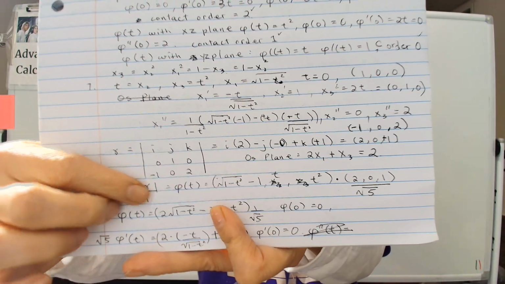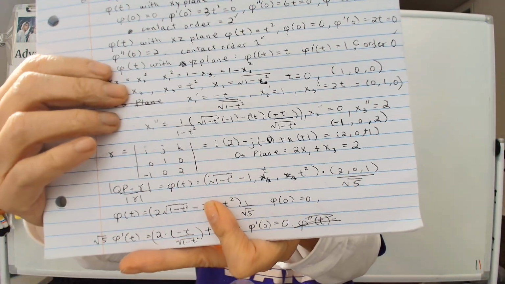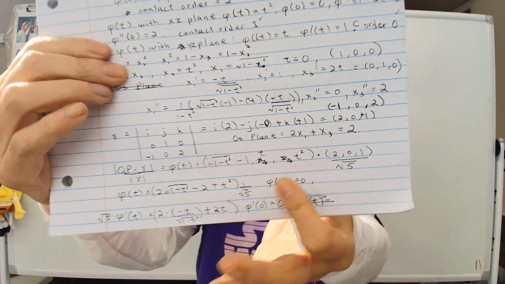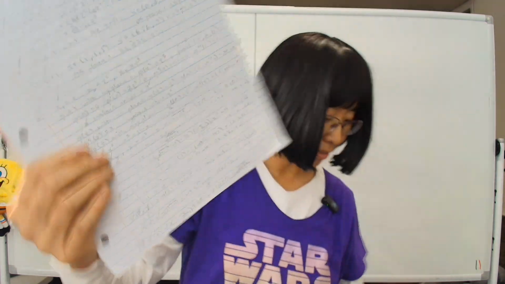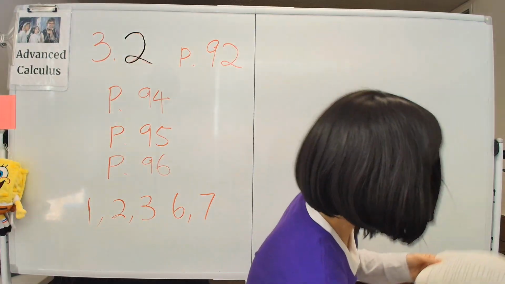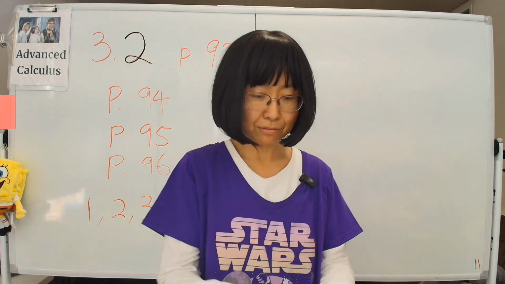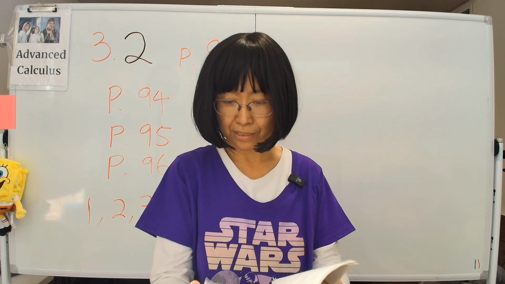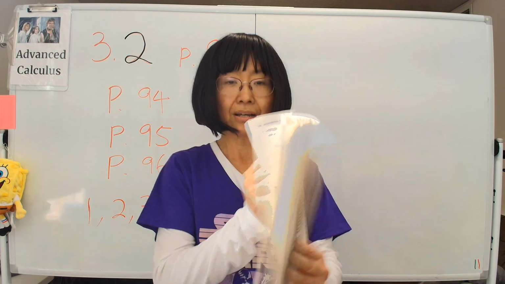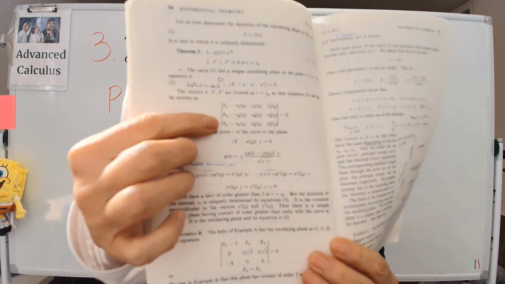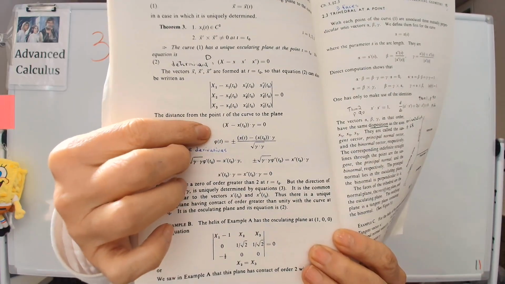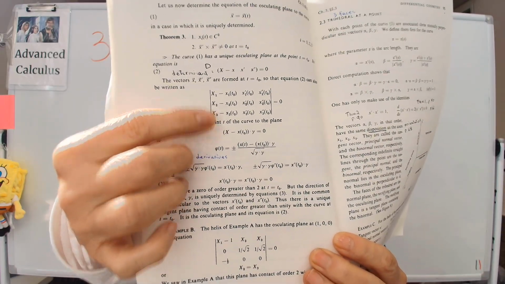And for phi, follow the phi formula in the theorem, or just deduce it yourself, either way. I'm talking about this equation right here, that determinant. That is the phi formula, once you figure out what gamma is.